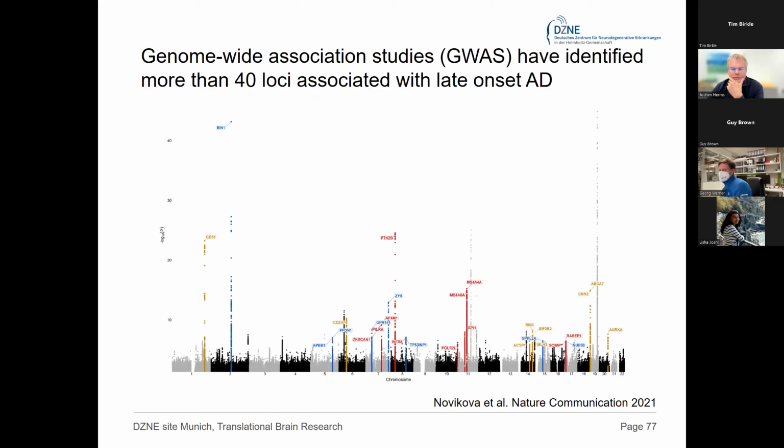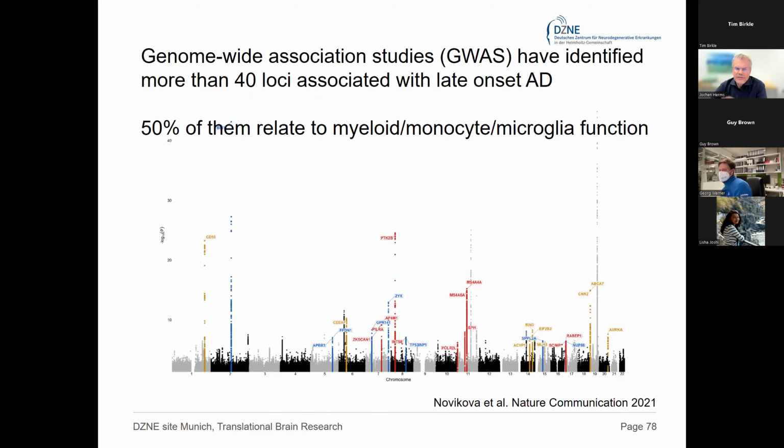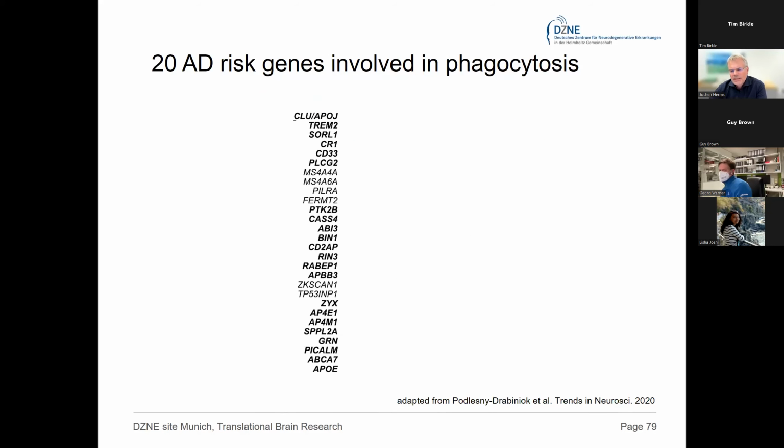The way of getting an idea whether there's any genetic risk is the genome-wide association study. Those have identified more than 40 loci, and actually half of them relate to myeloid, monocyte, microglia function. That was really amazing. So microglia must play an important role. These are the genes that are involved in phagocytosis.